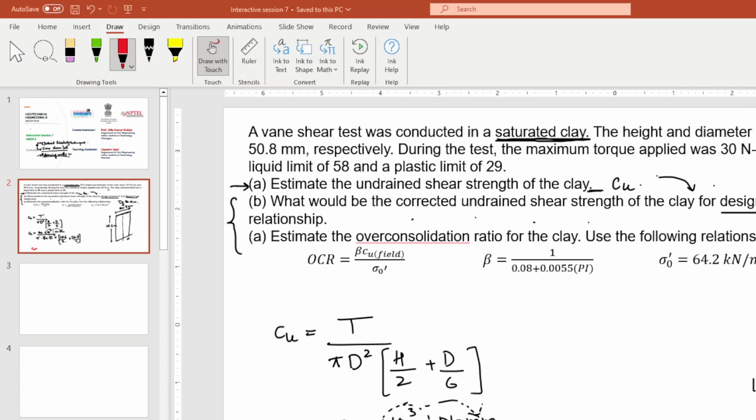Let us assume that it's available at both surfaces. I think I mentioned it just 5 minutes ago. Try to calculate and tell me what you are getting.